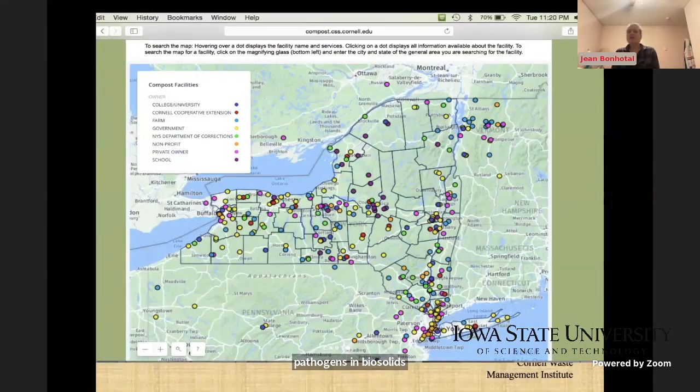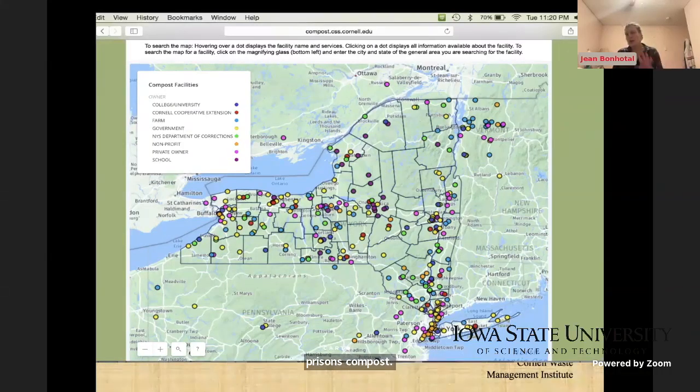We have compost maps in New York State, and there's maps across the country called Find a Composter. And I'll speak to our maps right now on the Cornell Waste Management Institute site. They're all different types of facilities. Colleges and universities, government, our prisons, 47 of our prisons compost their food waste.